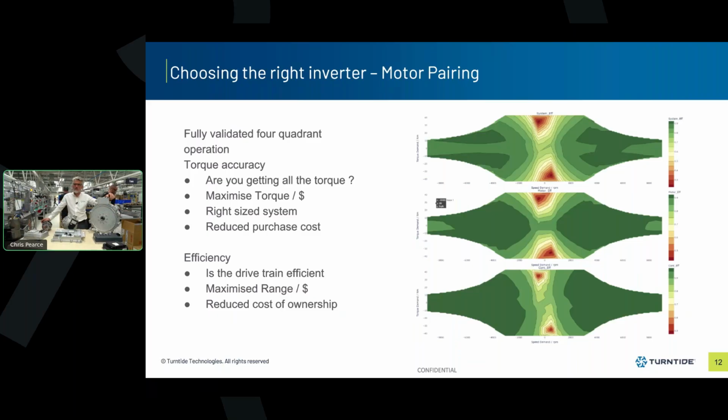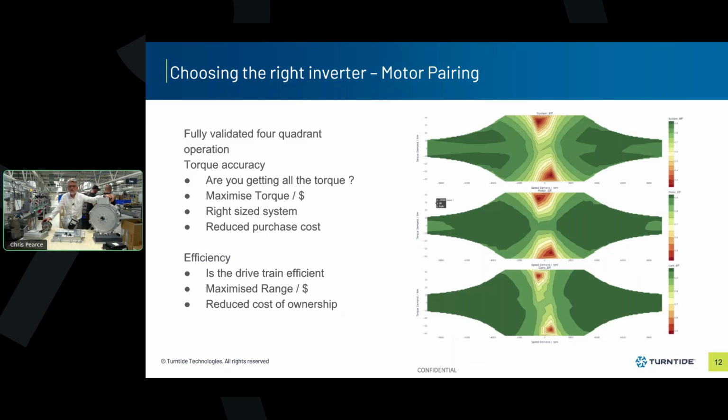The system efficiency is going to give us the range that we're looking for in the vehicle system, and the torque accuracy of that product is going to make sure that we are meeting the design of the vehicle system, maximizing the amount of cost of the drivetrain against the performance of the vehicle, right size of the system, and makes it more attractive for your end customer to buy.